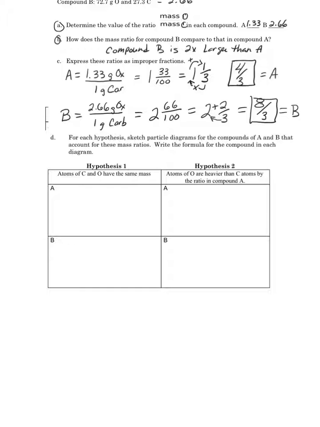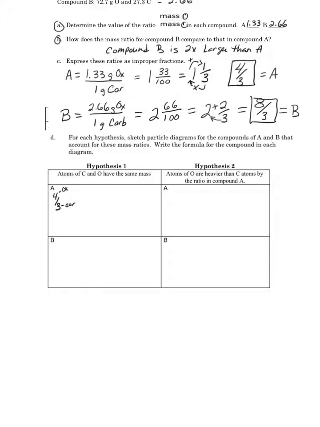Hypothesis 2 is atoms of oxygen are heavier than carbon by the ratio in compound A. So we're going to be thinking with hypothesis 2 that oxygen is a third heavier than carbon. So let's take a look at hypothesis 1 first. Our improper fraction was 4 to 3. What that meant was we had 4 oxygen to 3 carbon.